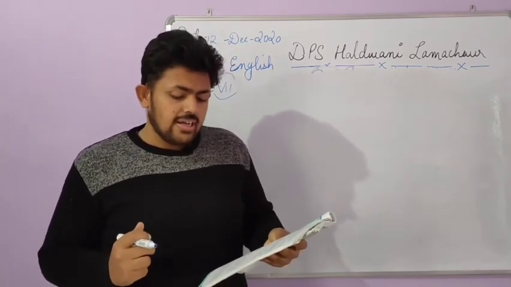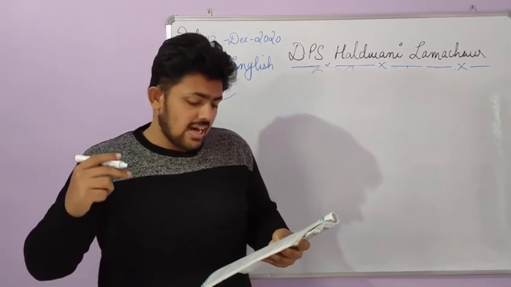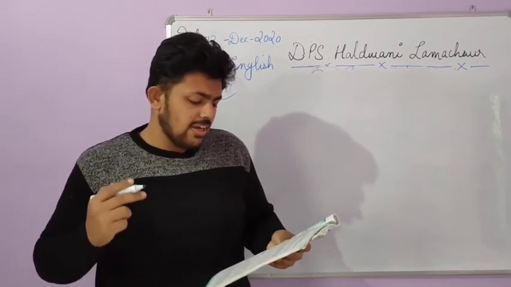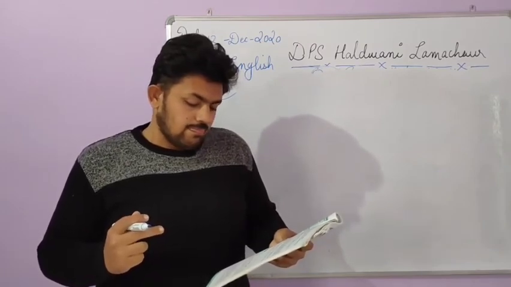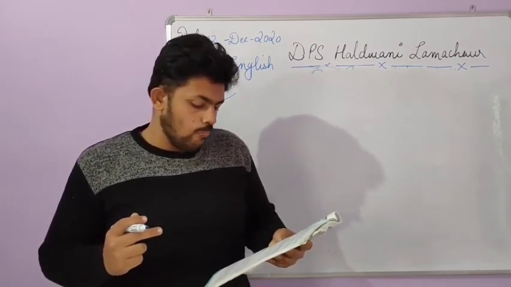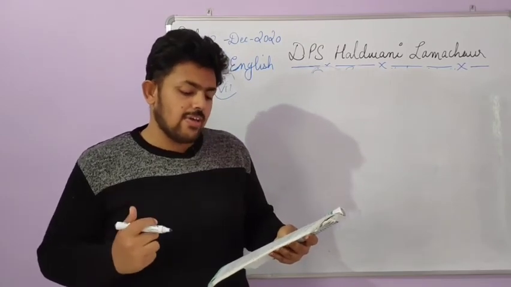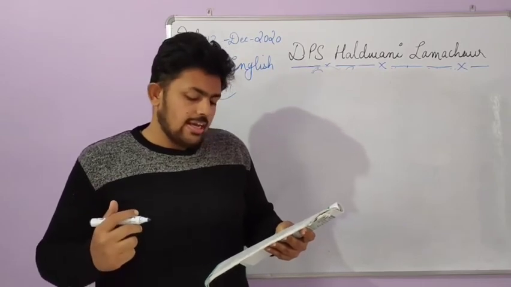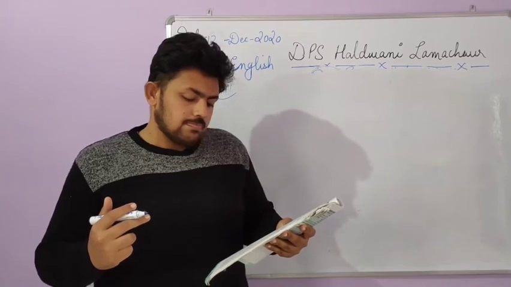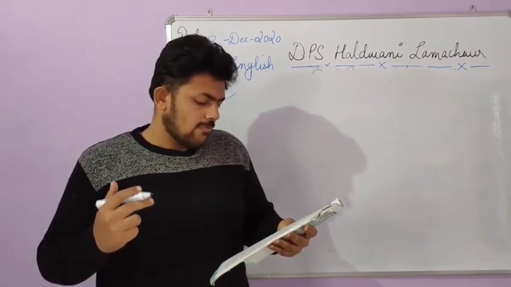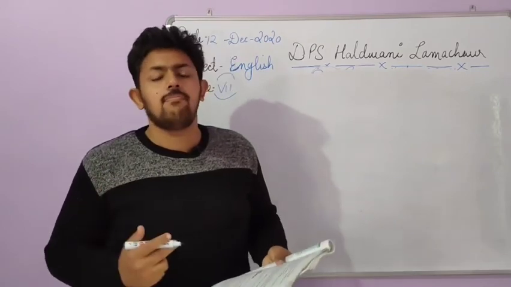But since the last 8 years I have been living in Delhi. In the morning, I get up at 5 a.m. and go for a walk. After coming from the walk, I go to the washroom and take a bath.